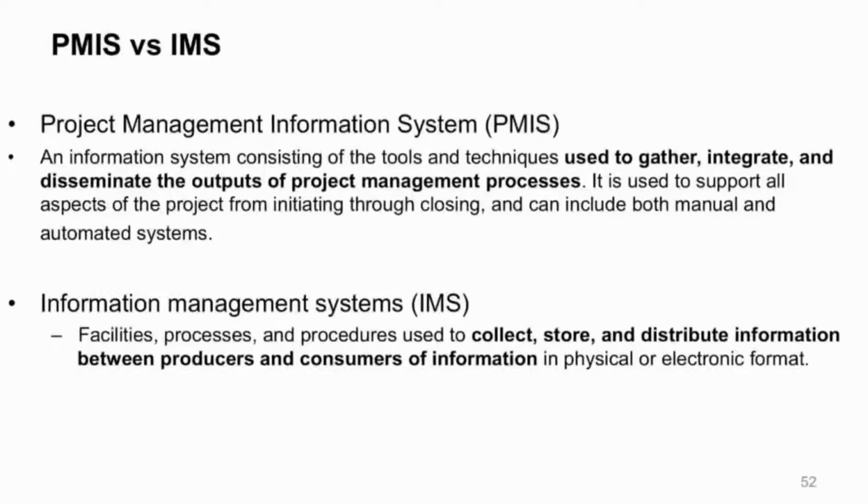So it is the engine that sends all this stuff out physically or in electronic format of the information produced by your project management information system. So we saw that before. And then on top of that whole thing is your organization's reporting system, sort of the umbrella that encompasses everything. So you'll see these throughout PMBOK. Don't get them confused. Understand which is which.